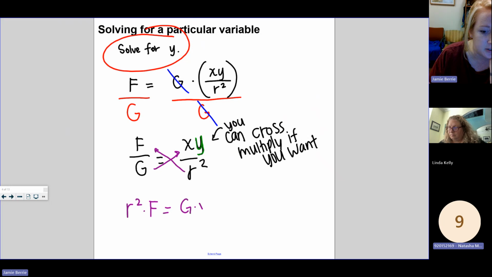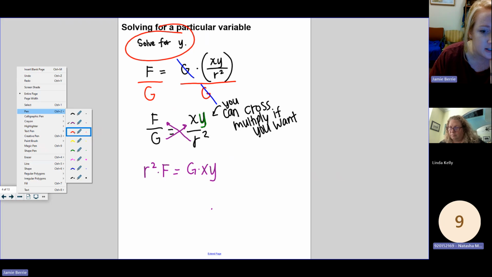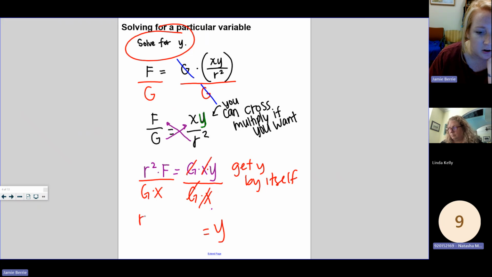Now you're trying to get y by itself. Over here, we've got g times x times y, so we can divide by g times x. And that's going to cancel, cancel. Then y is by itself, and we have r squared times f over g times x.